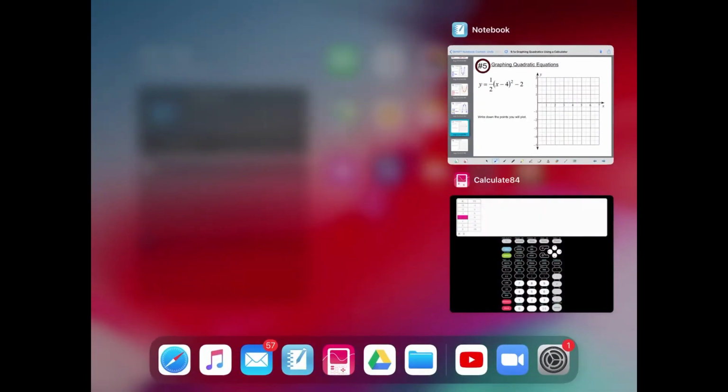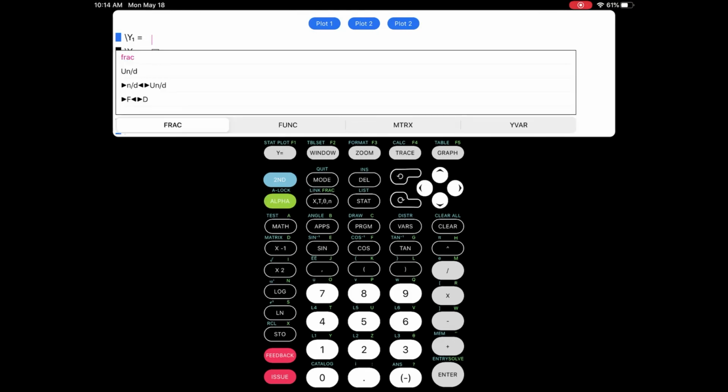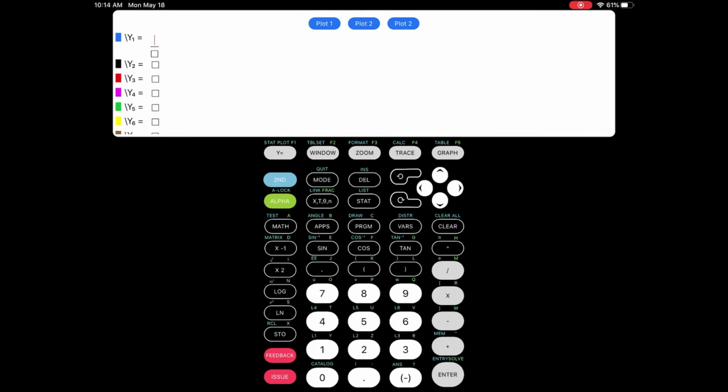All right. Y equals 1/2 (x minus 4) squared minus 2. So it looks a little more complicated, but the same process. Y equals, clear out.